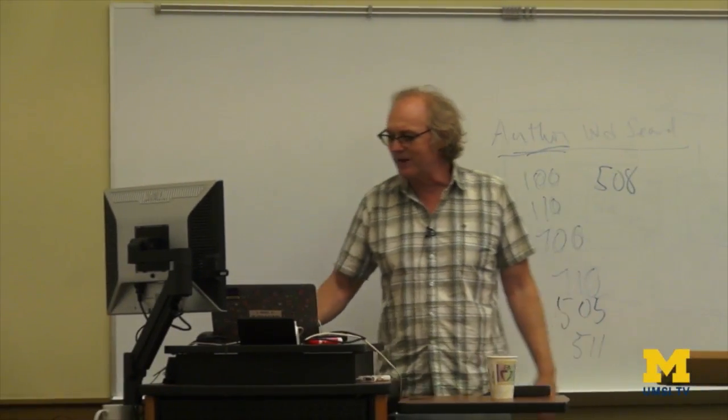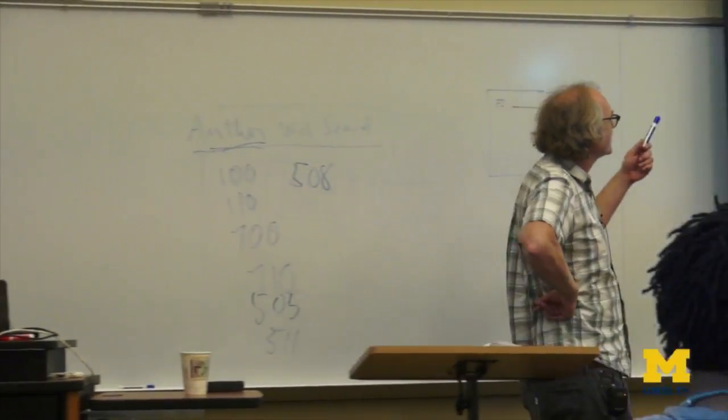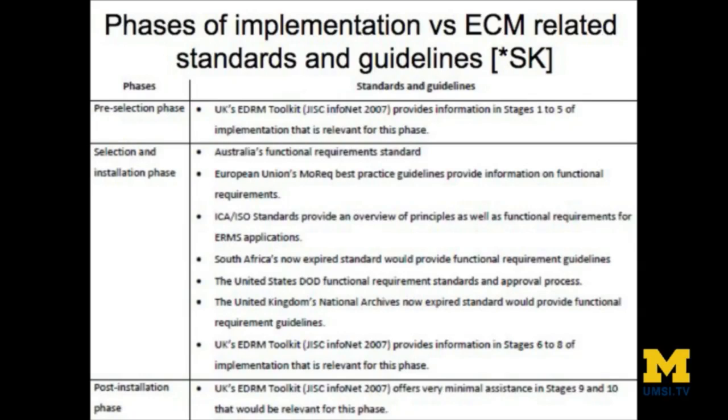Another way of thinking about these phases, pre-selection phase, the selection phase, and the post-installation phase, is connecting it to some of the documents that I had you look at, as well as the larger corpus of electronic records management standards and guidelines, right? And so the JISC InfoNet document I had you look at helps you think through some of the pre-selection phases.